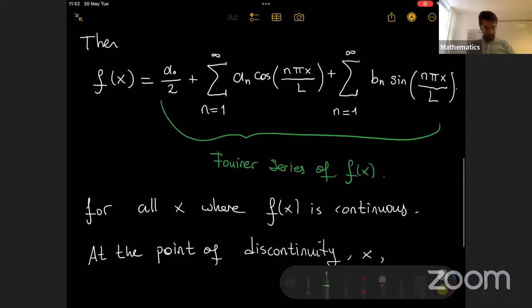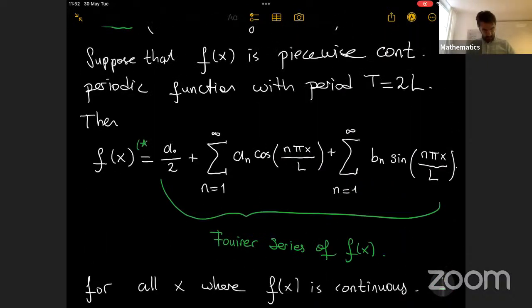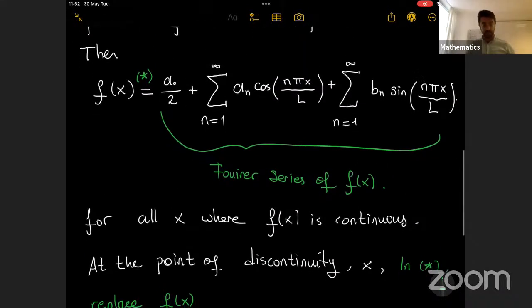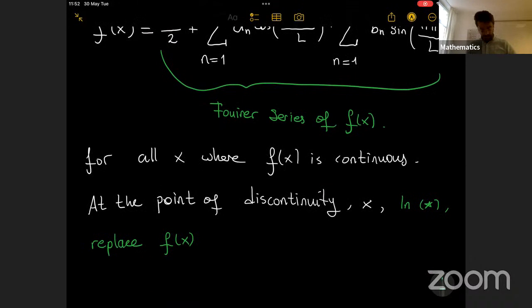Let's call this equation star. So in star, replace f of x on the left-hand side by f of x minus plus f of x plus over 2. What is this?